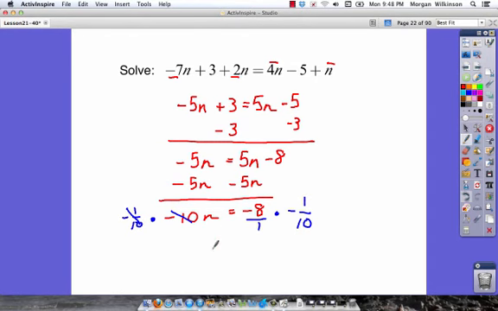We've got negative 8 times negative 1, well, that's going to be a positive 8. And 1 times 10 is 10. We've got to simplify this to get our answer of 4/5. So n must be equal to 4/5. And we're all done.